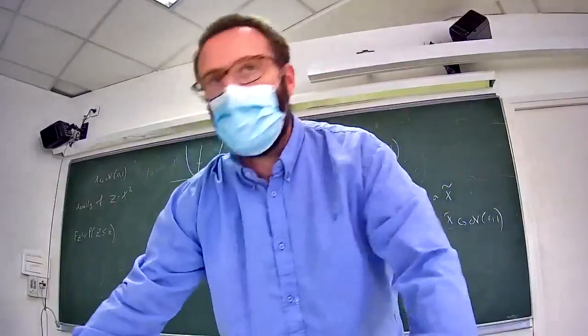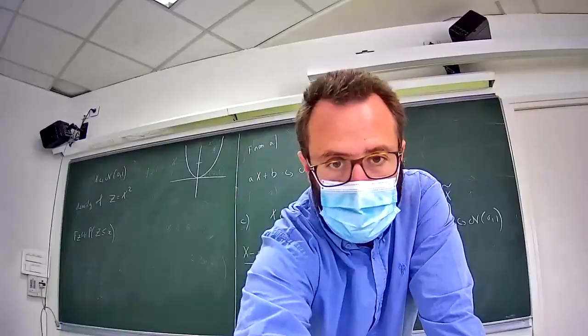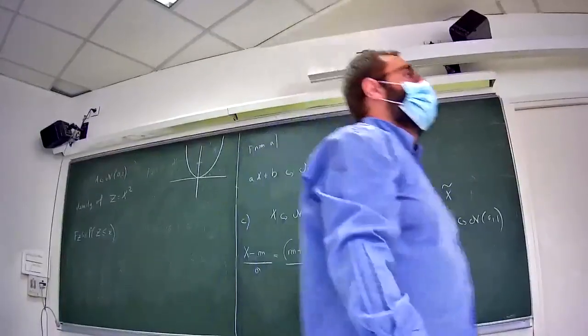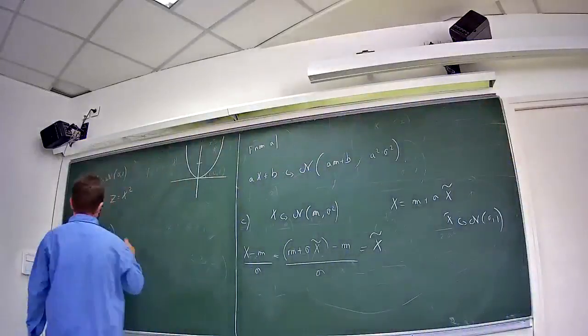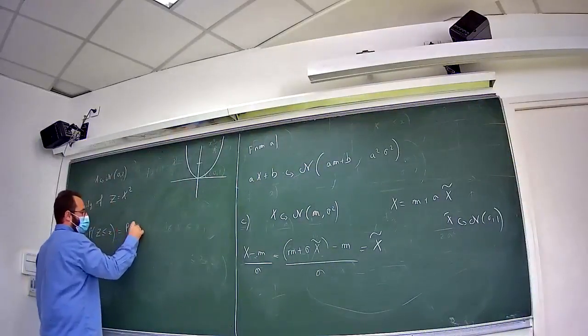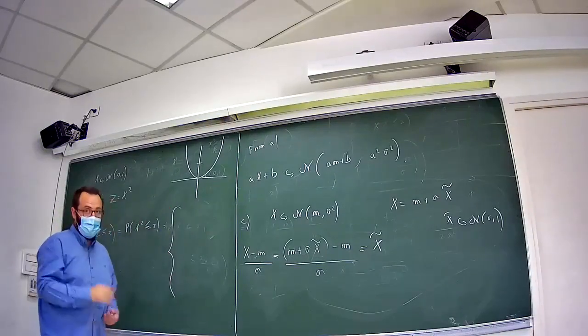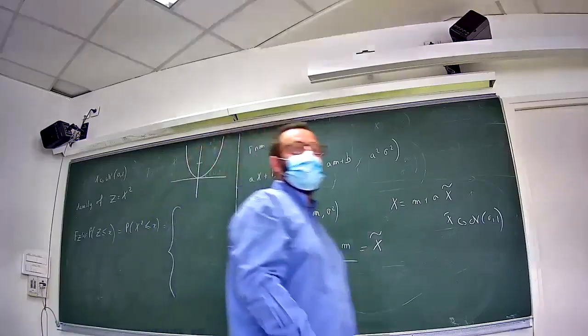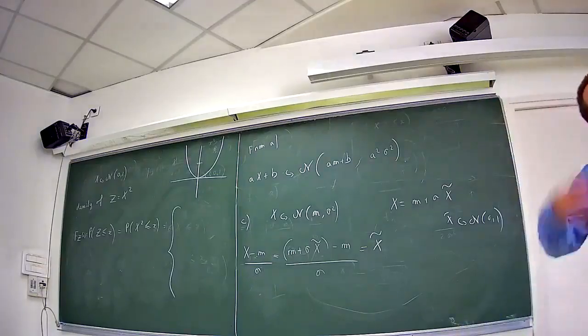Okay. So I want to compute the distribution function of z. This one. So I said first that z is a square. There is one case where it is very easy to compute. For what value of small x is this probability very easy to compute? For 0, yes, but you have more than just 0.